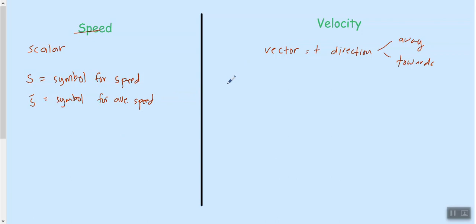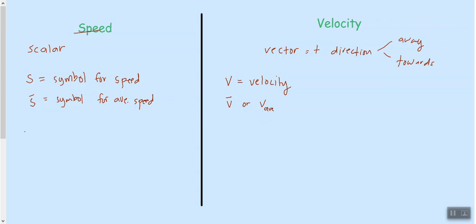For velocity, the symbol is lowercase v. And if we put average, we will just put a bar on top, or sometimes you will see a lowercase v and they'll put the abbreviation for average.